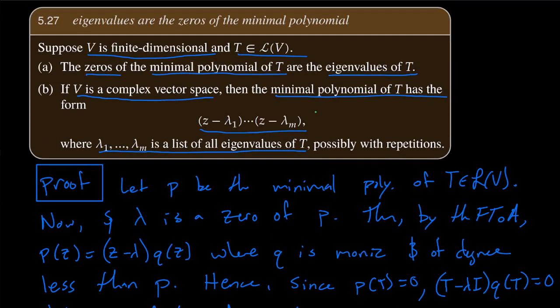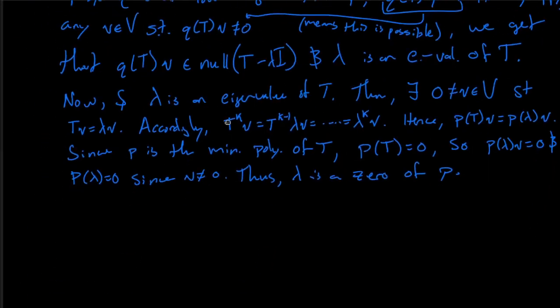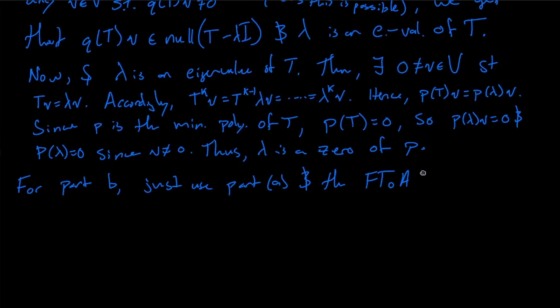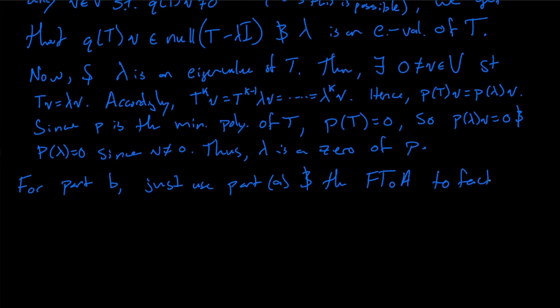Now, on a complex vector space, all the zeros of the minimal polynomial are eigenvalues of T. Part B just says that on a complex vector space, I can factor the minimal polynomial out. For part B, just use part A and the fundamental theorem of algebra to factor p.